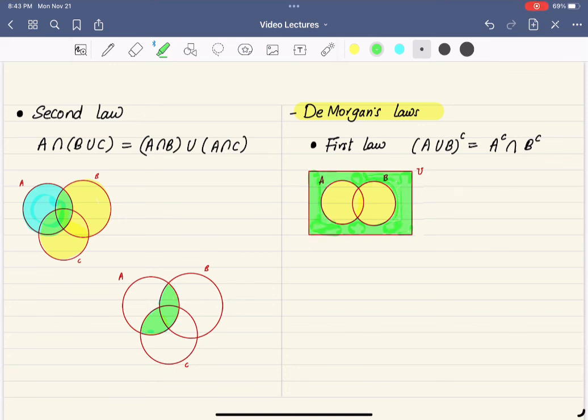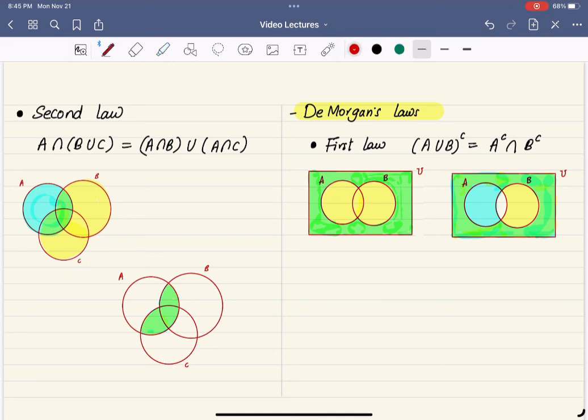And there you go. For the right hand side, you consider complement of A first, which is given by the area outside of A. Then you consider the complement of B, which is given by area outside of B. And their intersection is represented by this green area. Both are equal again. So moving on, we have the second law now.